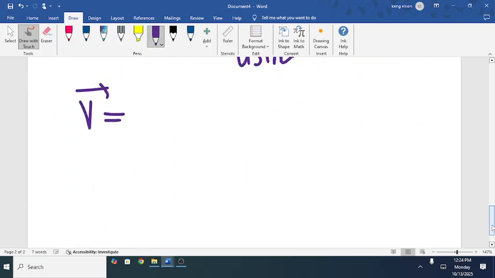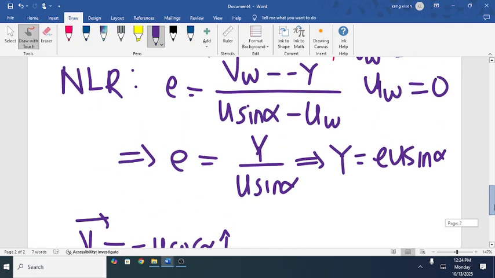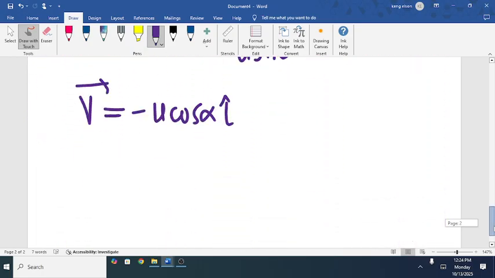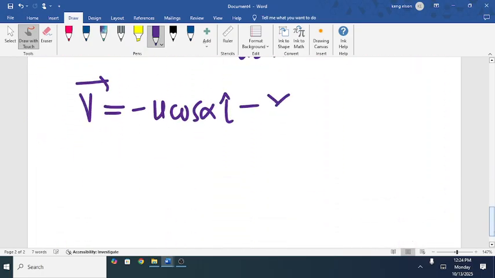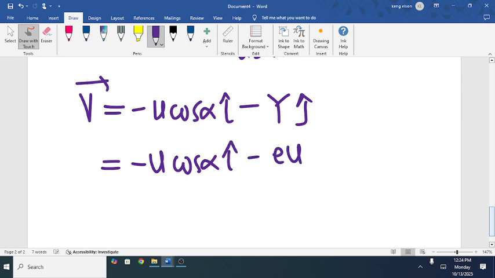So you are going to have negative u cos alpha in the i direction, then plus the velocity along the y, but along the y is pointing downward, so it's negative, so minus capital Y in the j direction. So this will give us minus u cos alpha in the i direction minus what is Y. We have seen that it is e u sine alpha in the j direction.